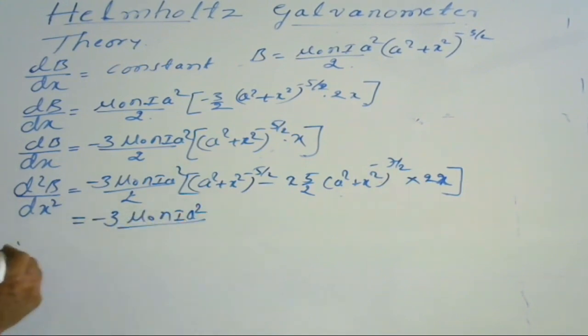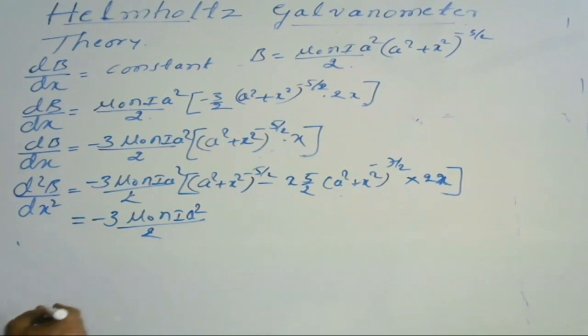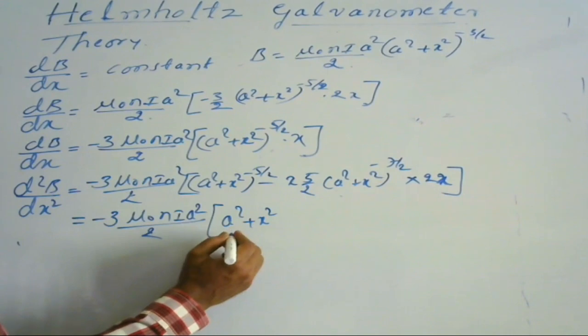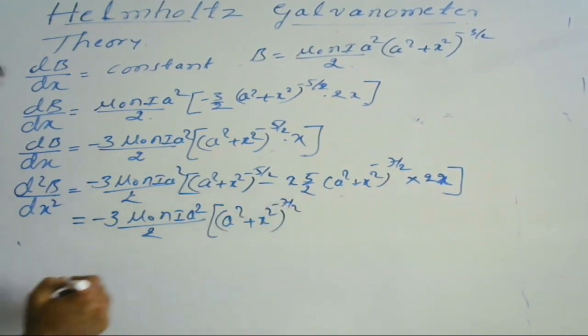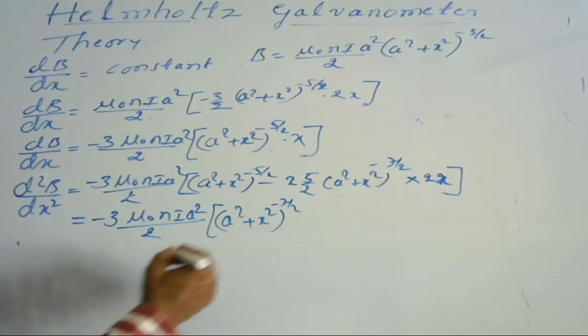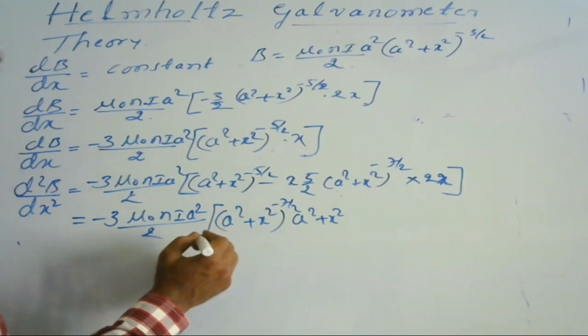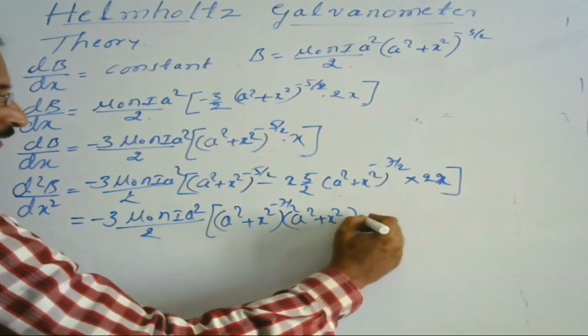On further simplification and rearranging the terms, we can write this as minus 3 mu naught N I A square divided by 2 into (A square plus x square) raised to minus 7 by 2 into [(A square plus x square) minus 5x square].